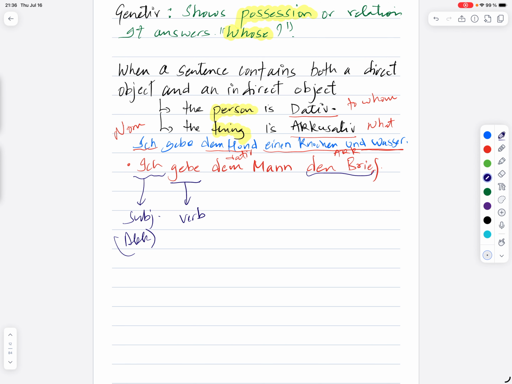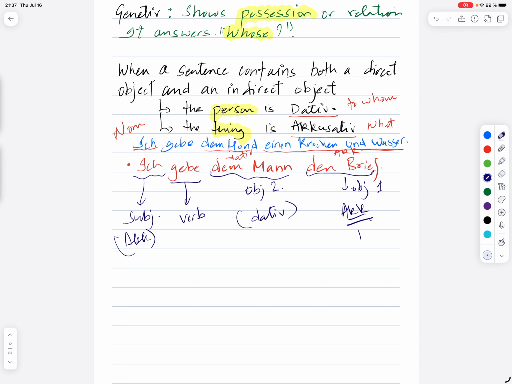So the letter is object 1, and this is object 2, right? But as I told you, when you have two objects, the person becomes dative. So this will be in dative, and then object one, which is a non-living thing, will be in accusative.